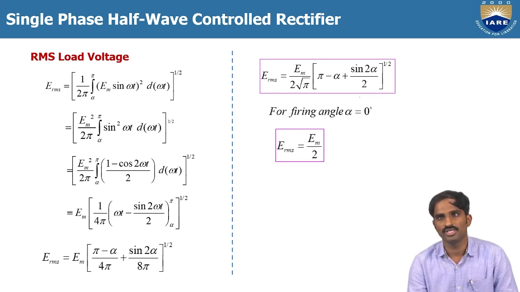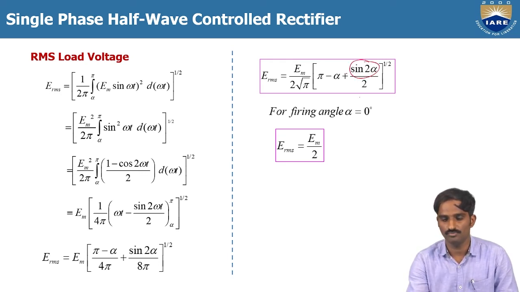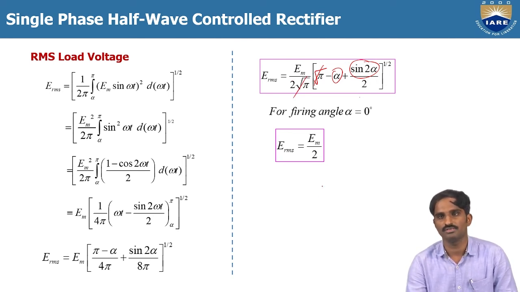Then the total term inside the square root will have only root pi, and the root pi will get cancelled. Then you will get only Em by 2. Like that, the RMS value depends on the alpha value.